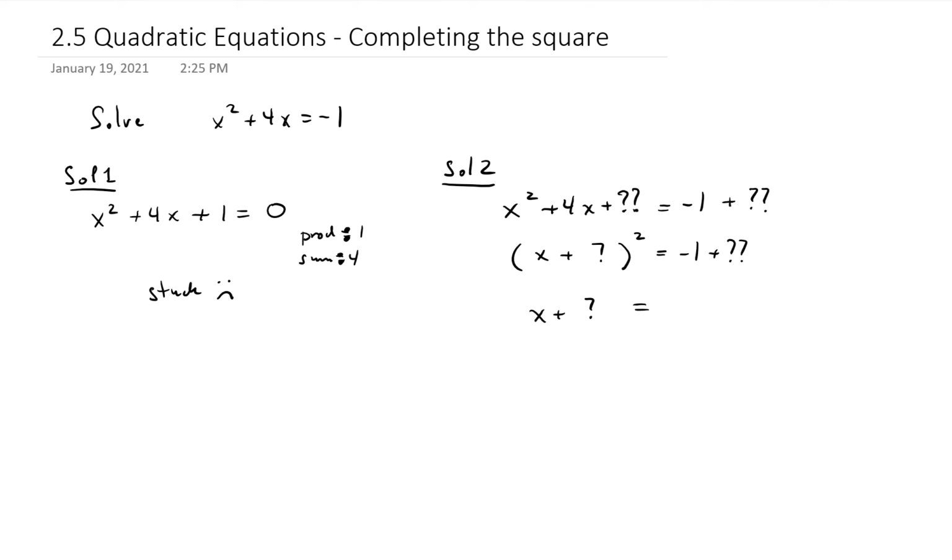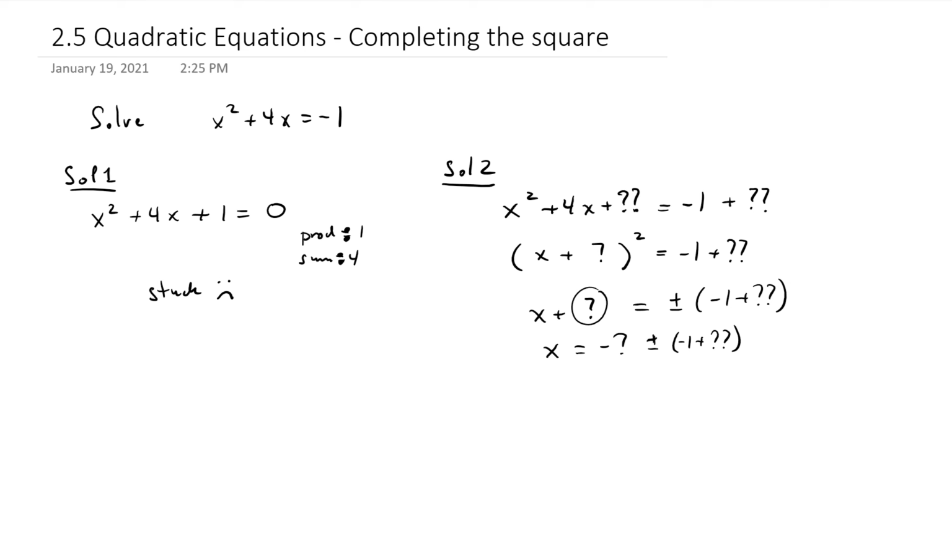If I have something squared, well, that something, which is x plus question mark, is going to be plus or minus the square root of -1 plus that thing we added on the first line. And finally, we're going to subtract whatever we have here and send it to the other side. So we're going to have this. Okay, so that's the idea, and then we'll have solved this expression for x.